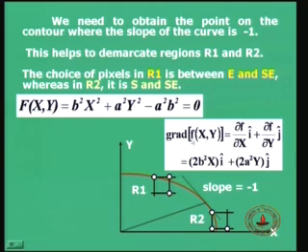Grad of F(x,y) is nothing but the partial differential with respect to x times i plus the partial differential of F with respect to y times j. i and j are the unit vectors along x and y respectively. So this is a vector notation of grad. i is the unit vector along the x direction, which is horizontal to the right, and j is the unit vector along the y axis, which is a vertical vector pointing upwards.